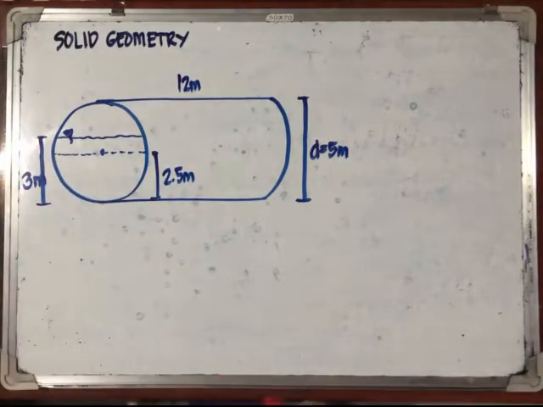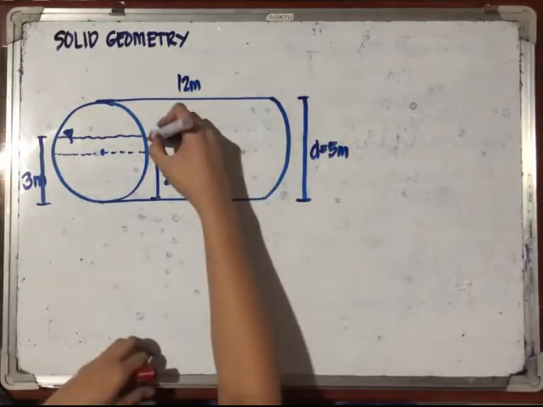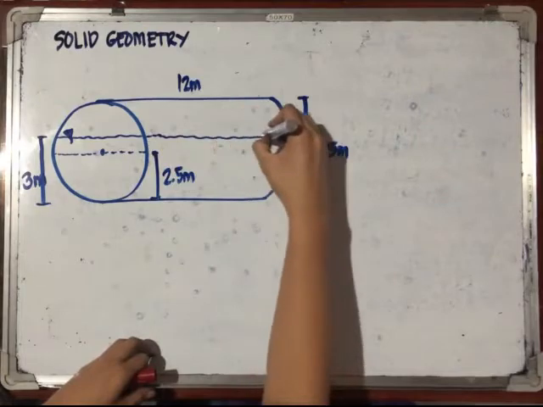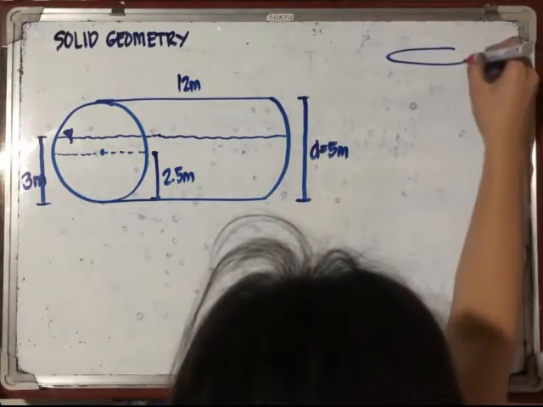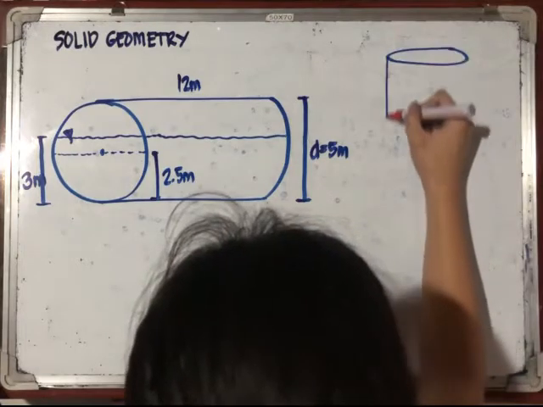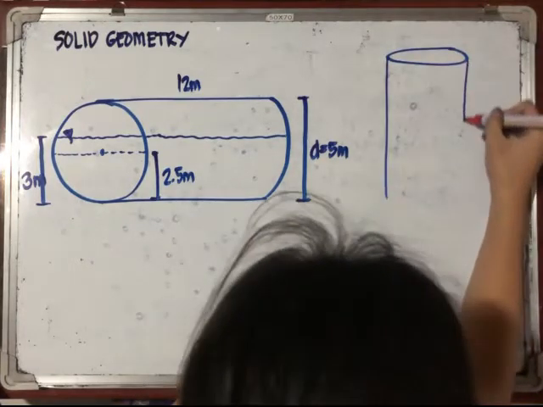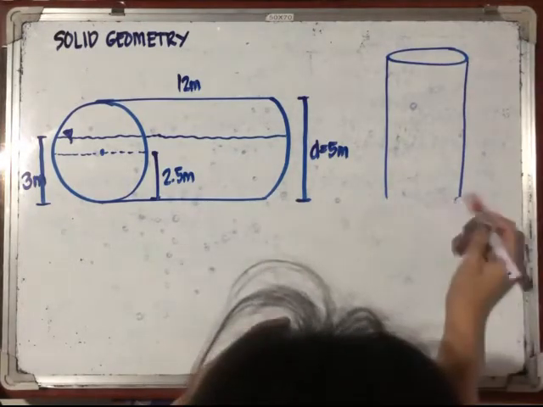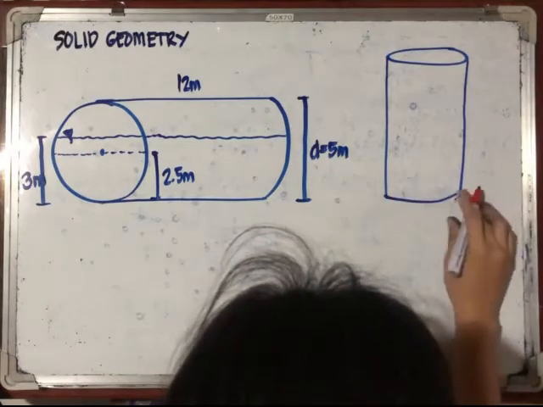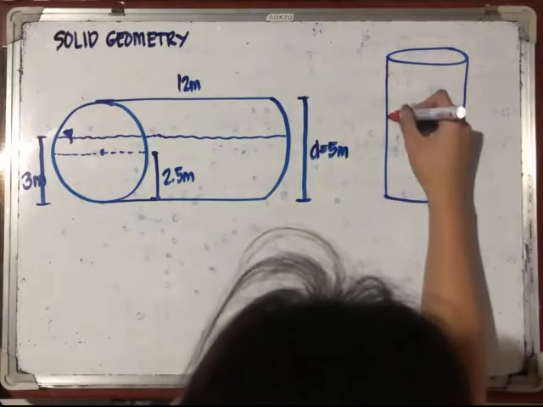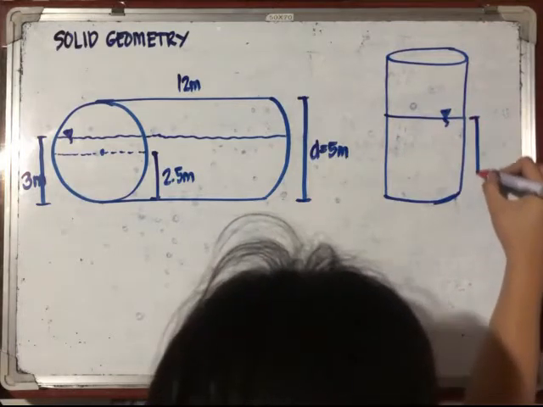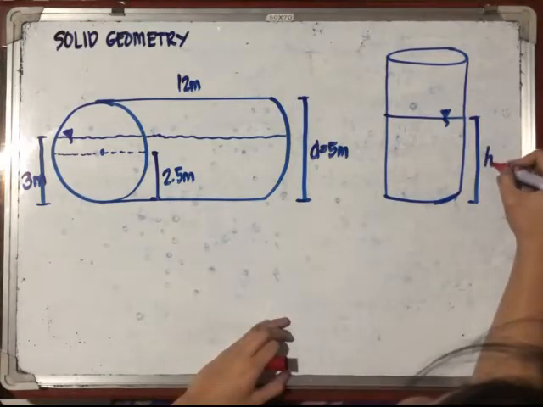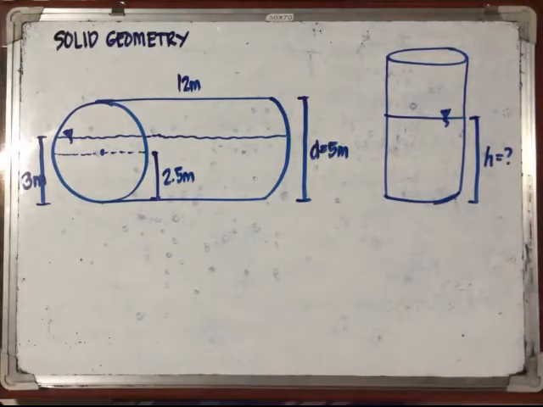Okay, now the question is, since this is lying in a horizontal position, what would be the height if this horizontal tank would be placed in an upright position such as this one? Alright? What would be the height of water here? Okay, so how are we going to get this one?